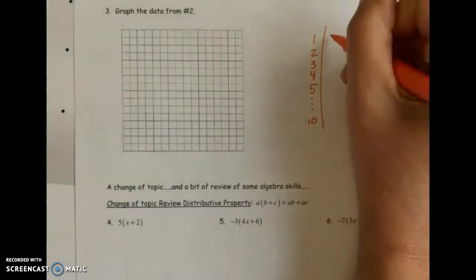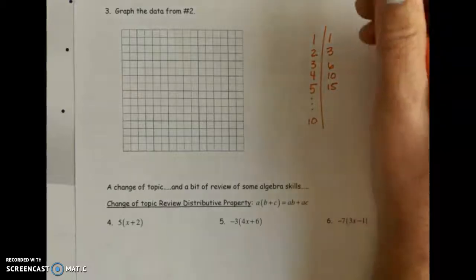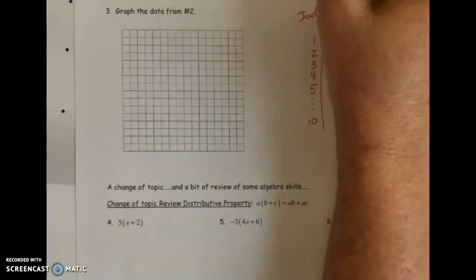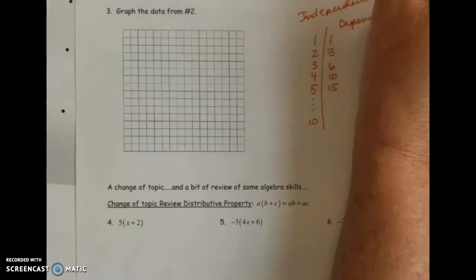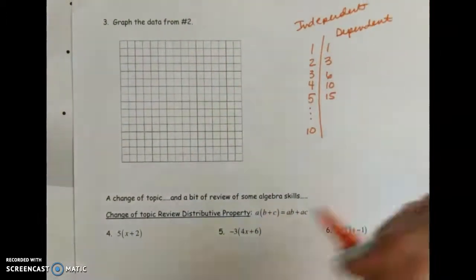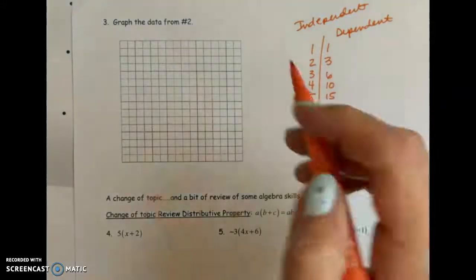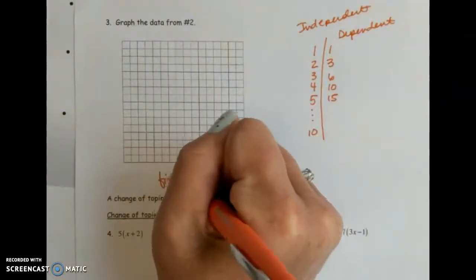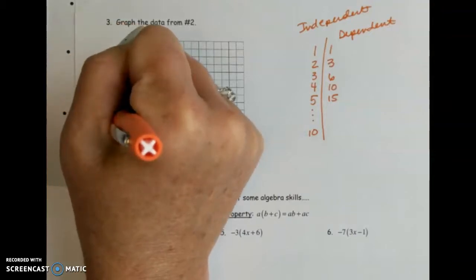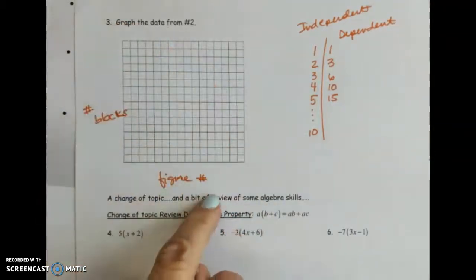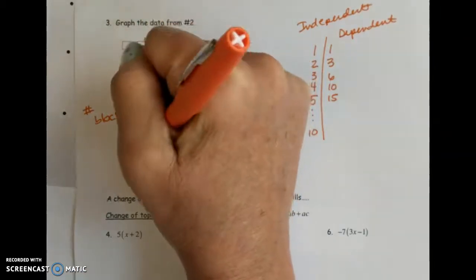So remember, the input is your independent and the output is your dependent. A lot of you always call it X and Y, but it depends. If it's a real life example, then you have to use whatever it was. So this would be the figure number here, and this was the number of blocks here. So the number of blocks depends on the figure number.